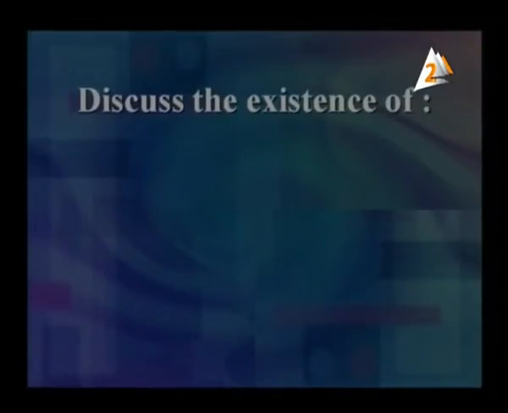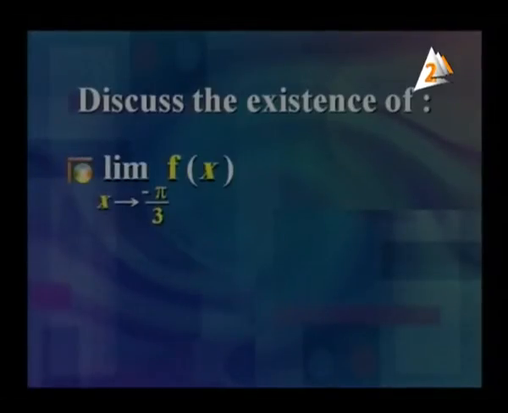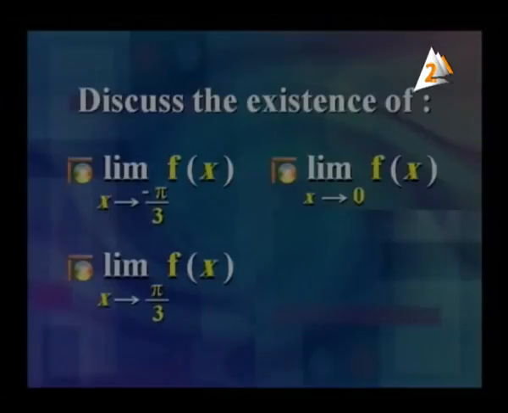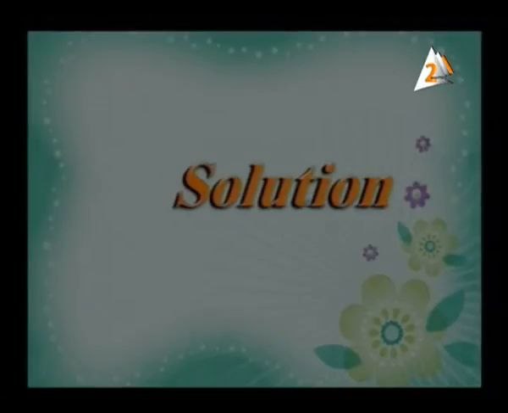Discuss the existence of: number 1, limit f(x) when x tends to negative pi over 3. Number 2, limit f(x) when x tends to 0. Number 3, limit f(x) when x tends to pi over 3. Solution.